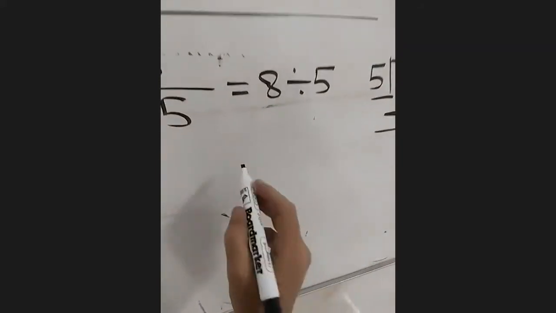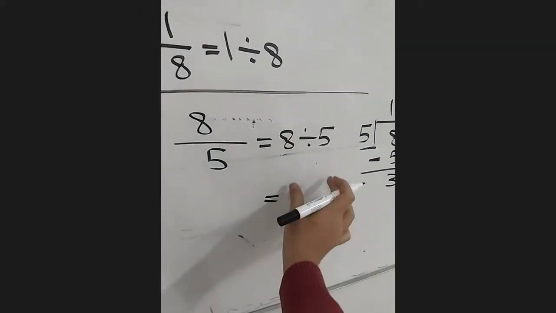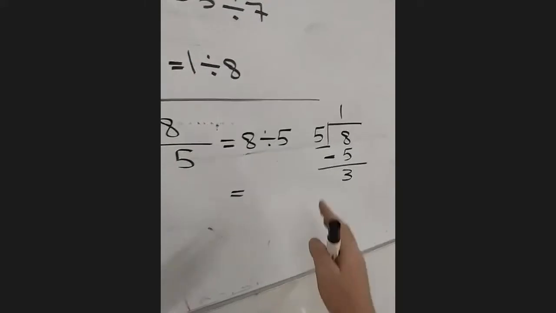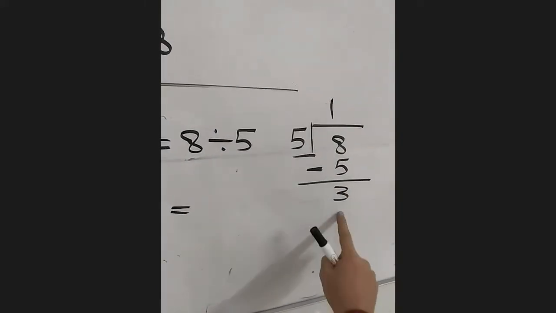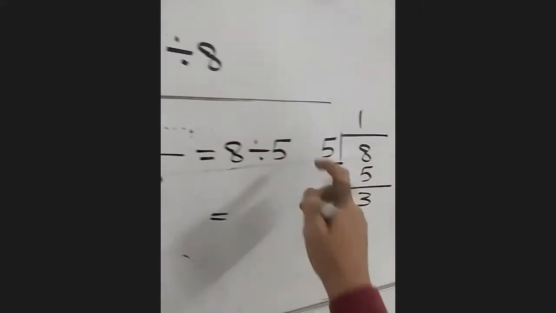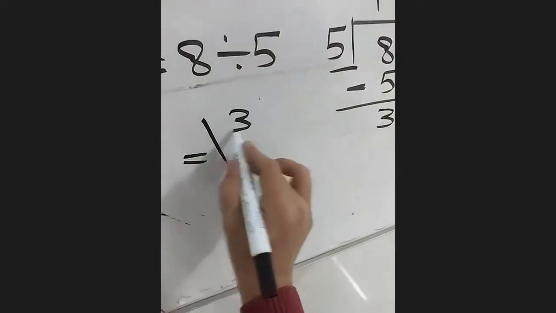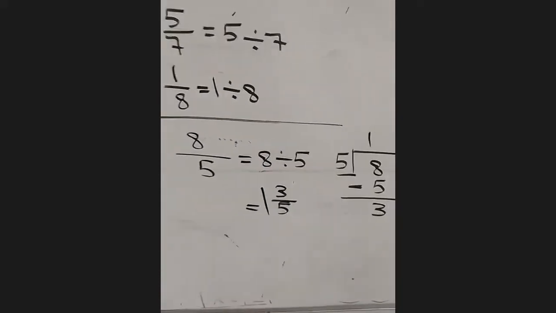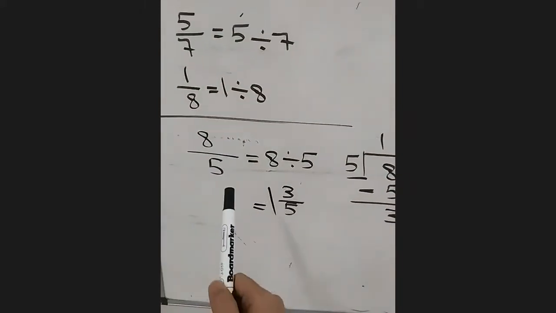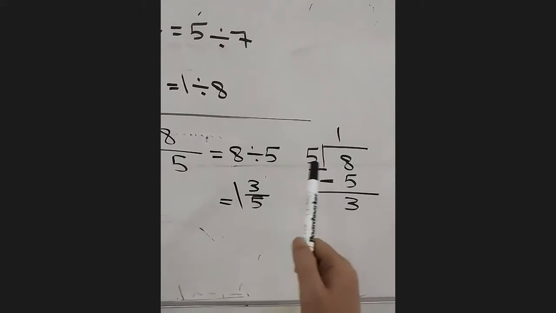Now we can turn the fraction into a mixed number. Here we can express this as 1 and 3 over 5, like this. So 8 over 5, we can make it 8 divided by 5, make long division and divide.